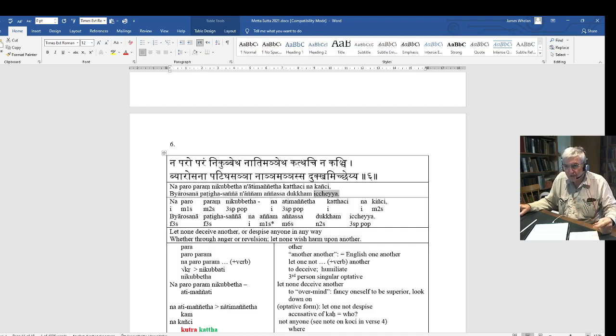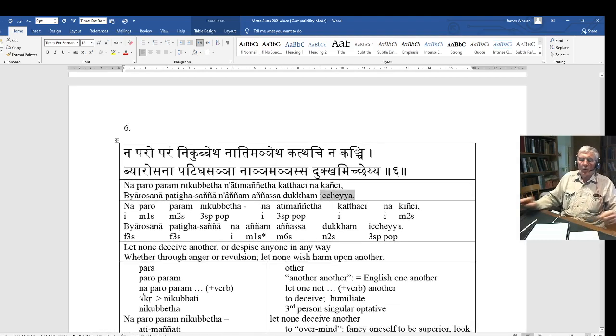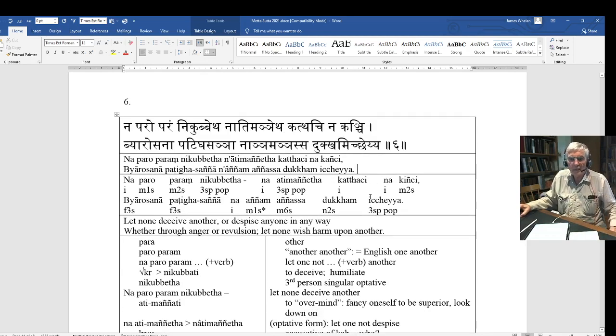A more normal form of the optative. Icchati, he, she, it wants. Na icchaya, let one not want or desire. Let none desire dukkha for another.